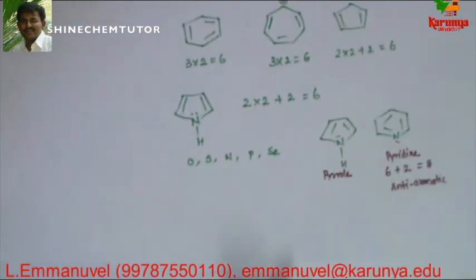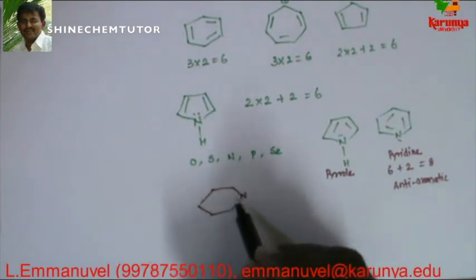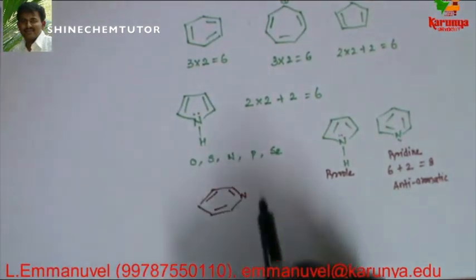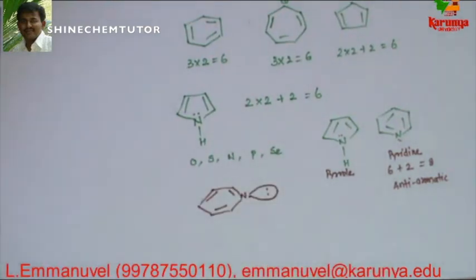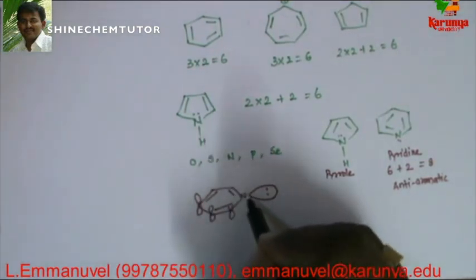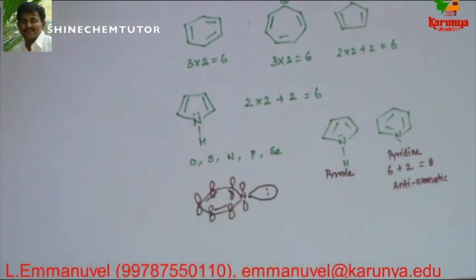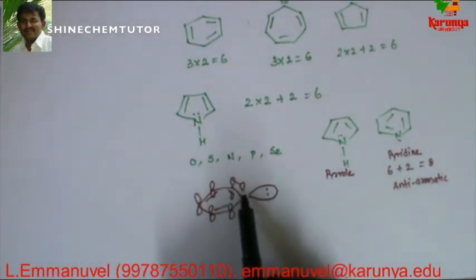The reason is this is the structure of pyridine. The lone pair of electrons is here. The pi electrons are like this. So the lone pair is in an orbital which is perpendicular to the pi orbitals, so this cannot be involved in overlapping with this.